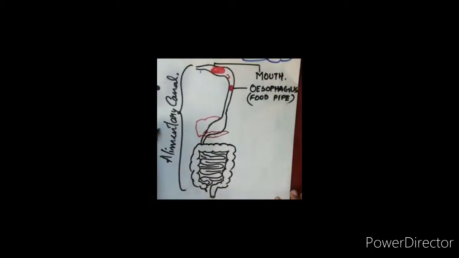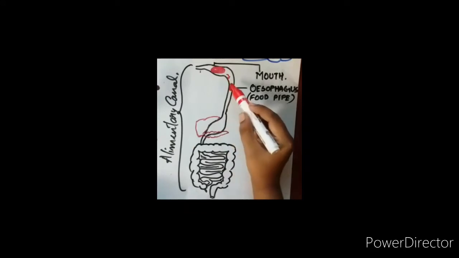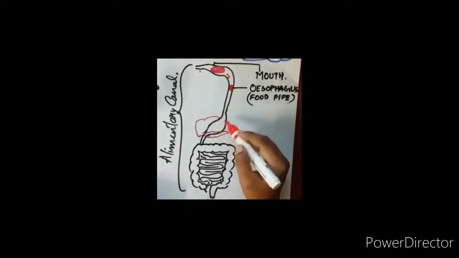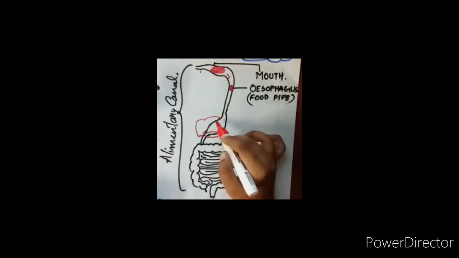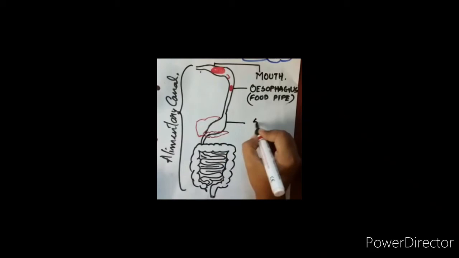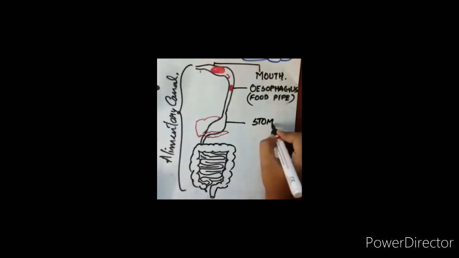Now, in the next step, the bolus keeps moving, and here it moves into the stomach. This portion is known as the stomach. It is a muscular bag-like structure where the food enters from the esophagus.